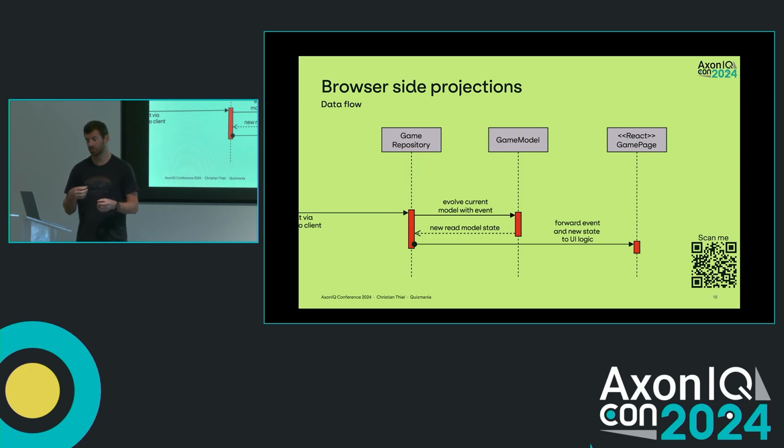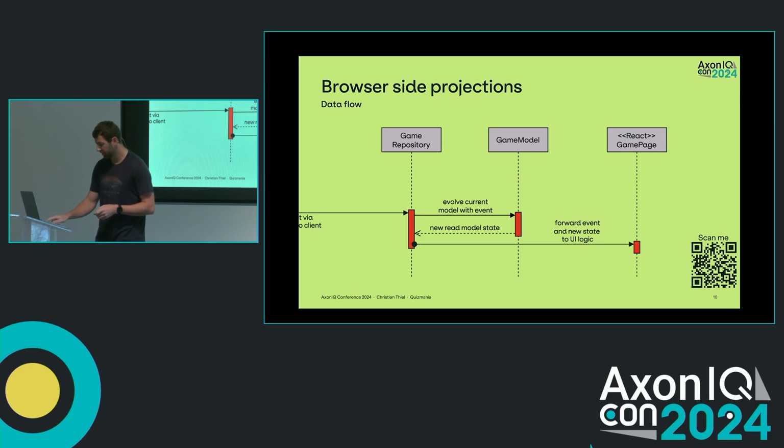I decided to use the immutable object pattern, because I don't trust mutability, especially not in browsers and JavaScript. So I always create a new instance of this model. Then the new model and the event are forwarded to my actual UI representation layer, and there I do whatever I want with this.